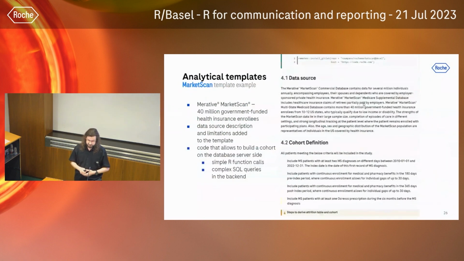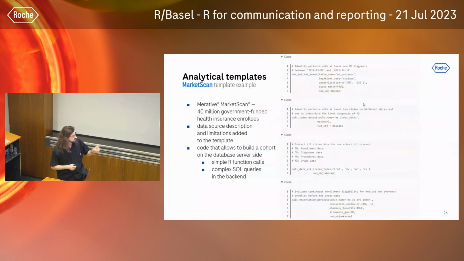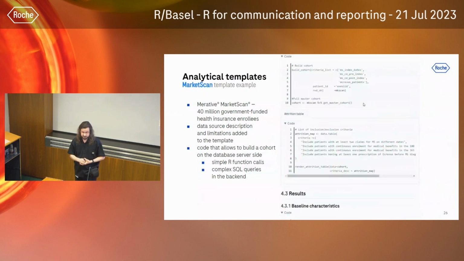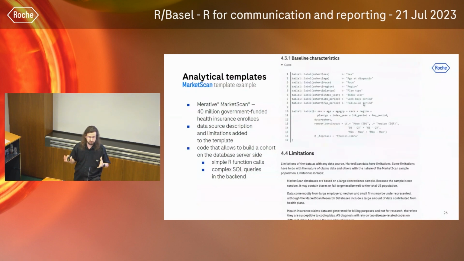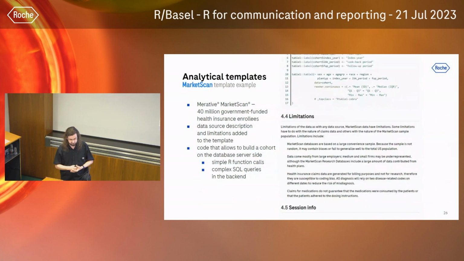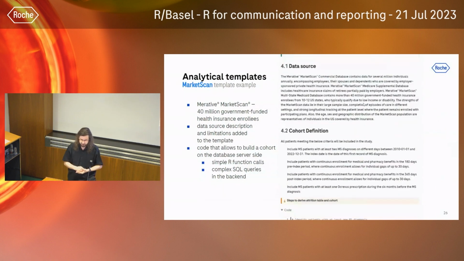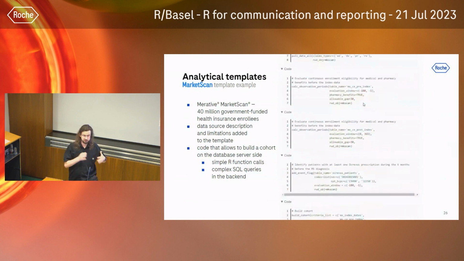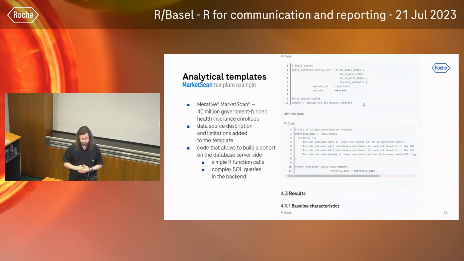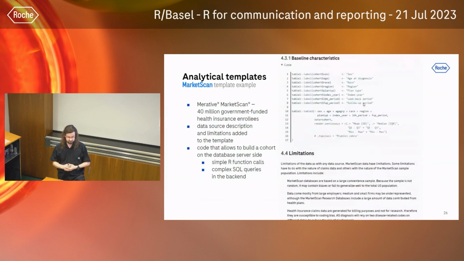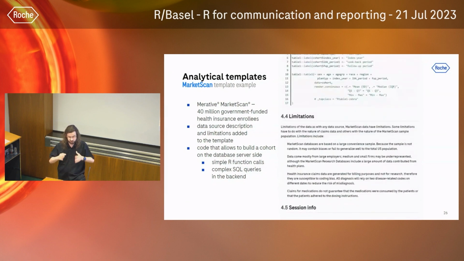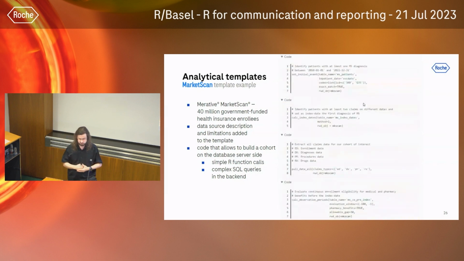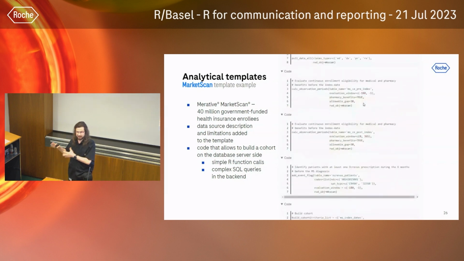An example of database-specific template is the analytical template for the MarketScan data. And MarketScan database has lots of data, about 40 million government-funded health insurance enrollees. So it is a really big real-world data database that obviously cannot be processed in the memory. And because of that, MarketScan template has also an R code extracted in a dedicated R package that allows to build cohort on the database server side.